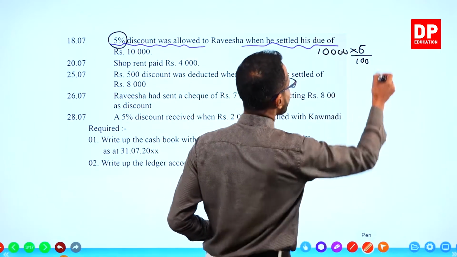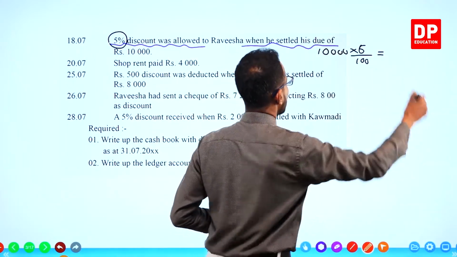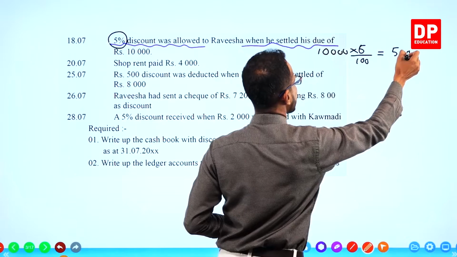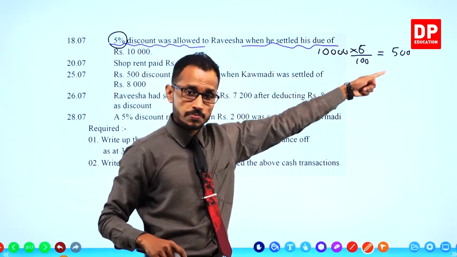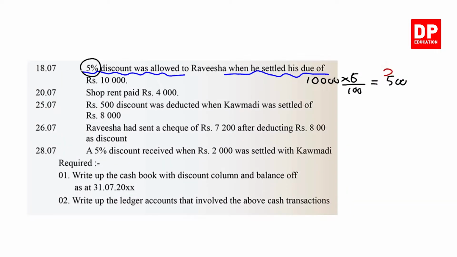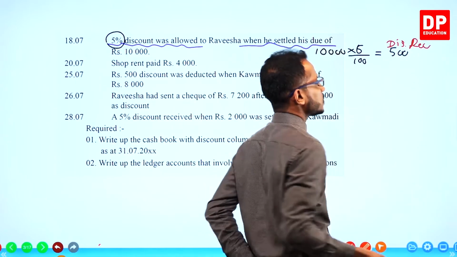Answer is 500. You should record this 500. This is the discount received. Discount received.